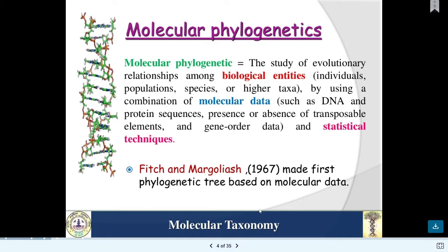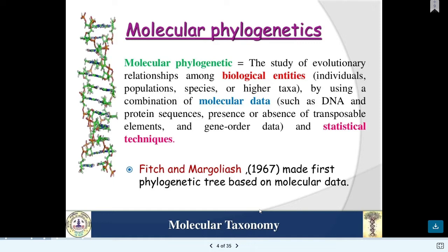It is the study of evolutionary relationships among biological entities, that is the individual, population, species, or higher taxa, by using a combination of molecular data, such as DNA sequences, protein sequences, presence or absence of transposable elements, and gene order data, and statistical techniques. So there are molecular techniques and statistical techniques. Together we can call it phylogenetic analysis.